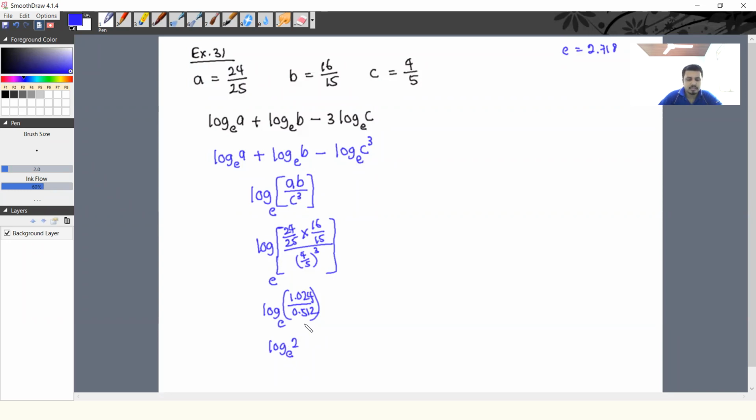So in your calculator, you can see this ln button. ln is used when the base is e. It means you need to press the ln button and then 2. It should be 0.6931.